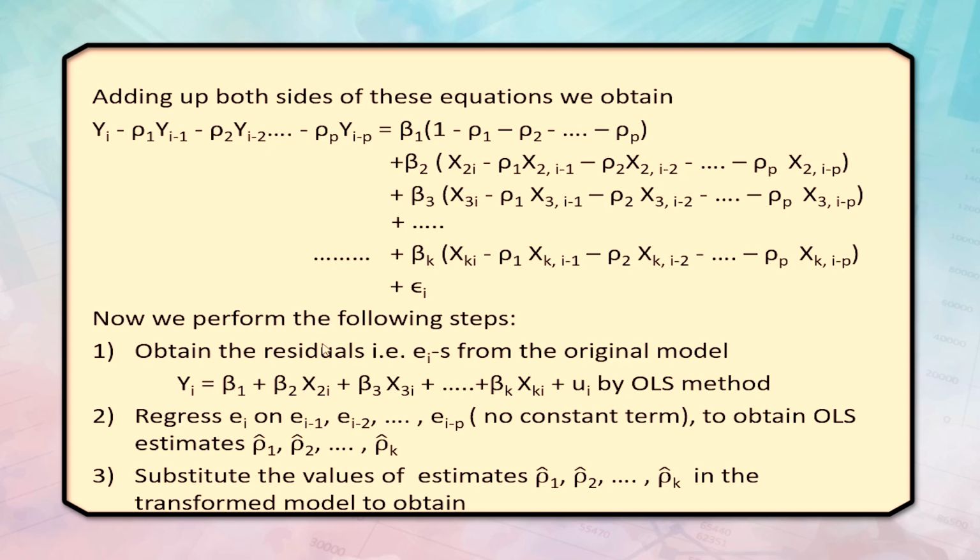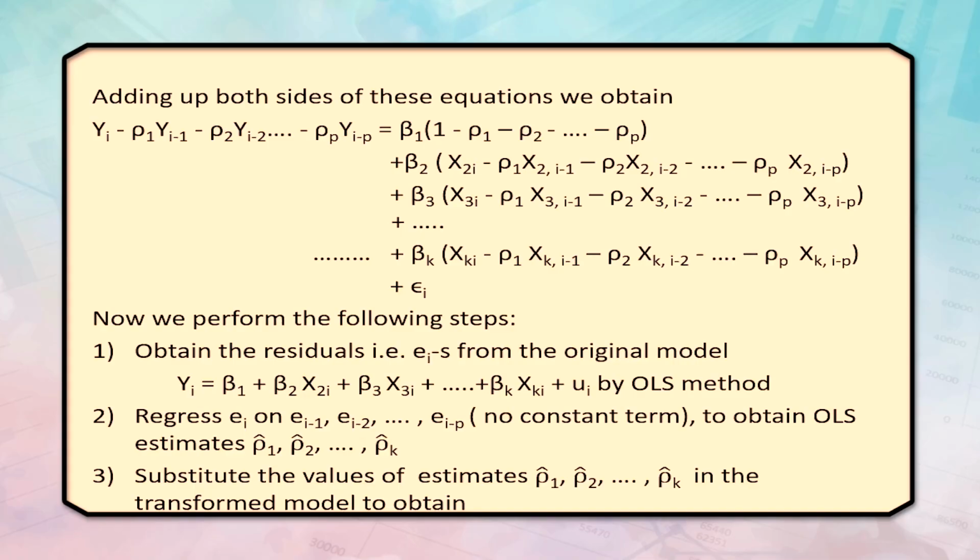What are the steps? First, we go to the mother model and we regress y on intercept, x2 up to xk using the ordinary least squares method, and then we obtain the residuals e_i, because the rhos will depend on actually u_i's, but u_i's are not observable. So, the proxy for u_i is e_i.